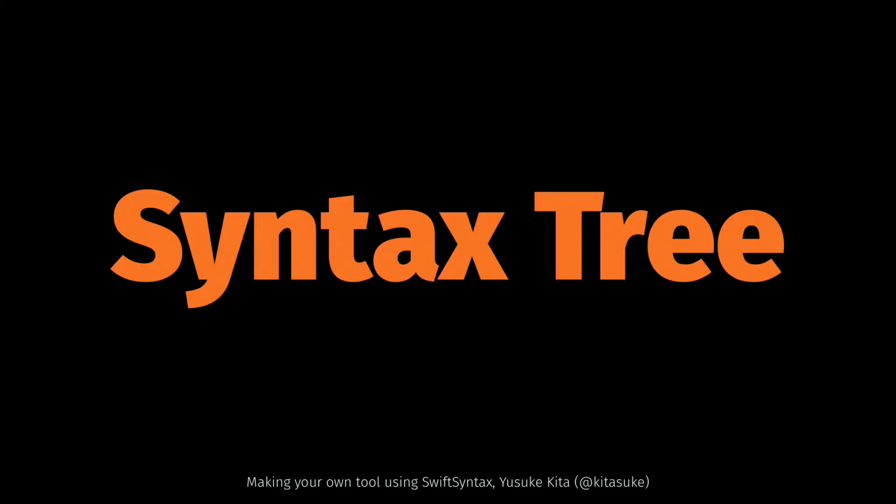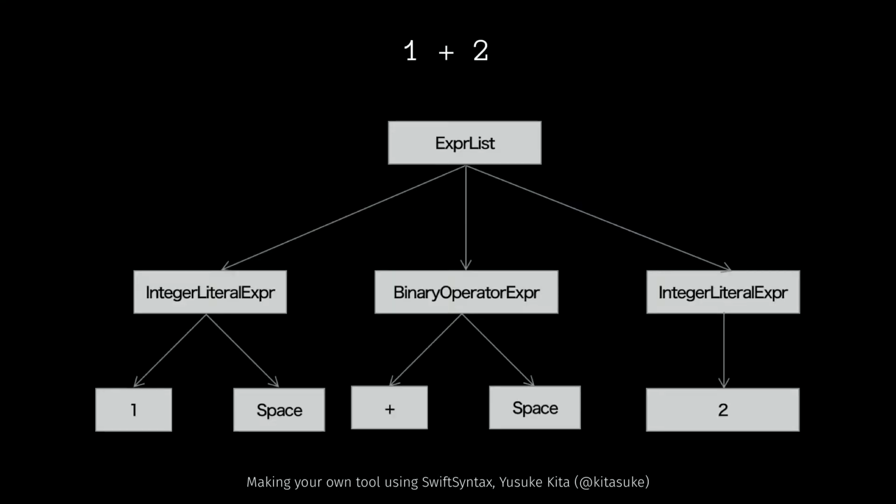I guess you already know what a syntax tree looks like, but I prepared just one example here. Here's an example of a syntax tree for 1 + 2 in a Swift file. An actual syntax tree has more context, so it might be a bit longer, but this is just an example. So the expression list has three expressions here: an integer literal expression, which is literally the int value, a binary operator expression, which here is the plus operator, and then an integer literal expression again for 2.